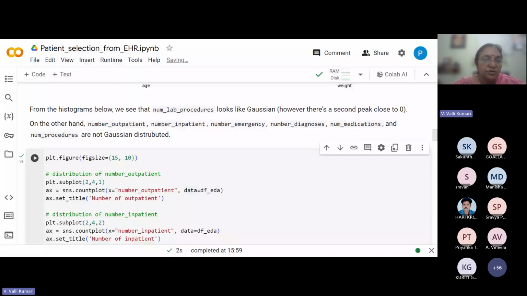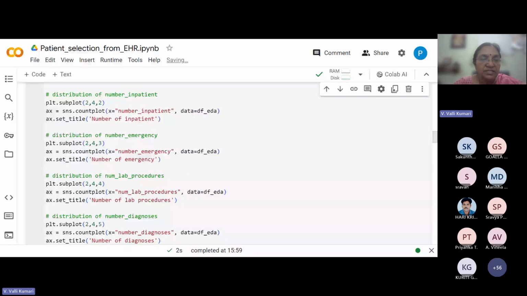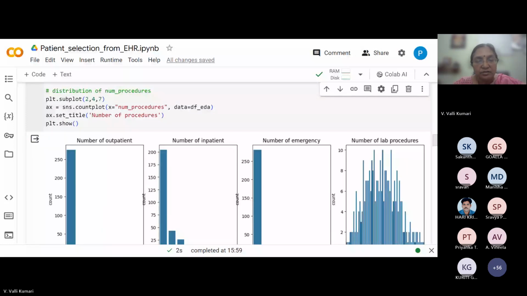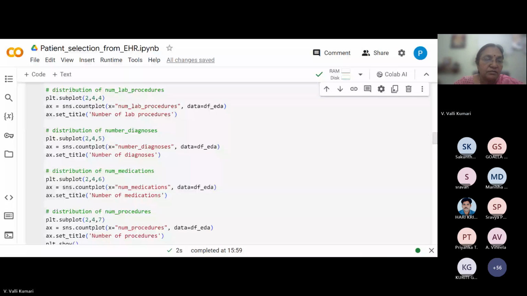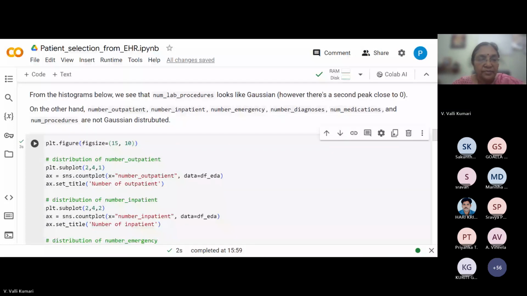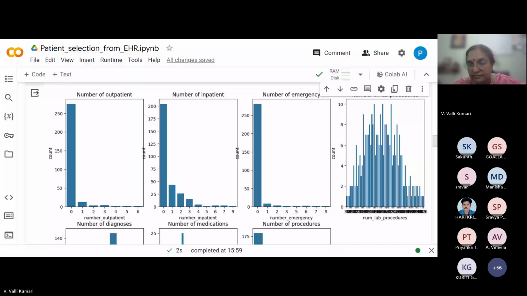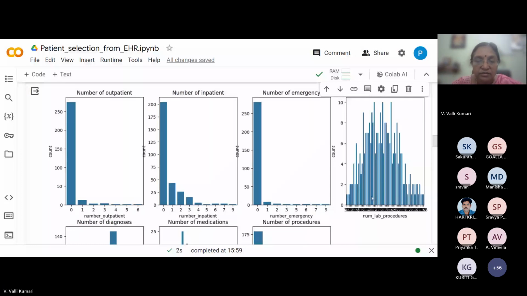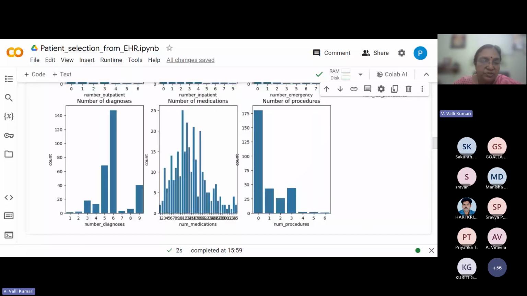So this tells you how many outpatients, how many inpatients, emergencies, lab procedures, diagnoses. Okay, this is a simple plot. So how many lab procedures were carried out, and number of medications, number of procedures, number of diagnoses.